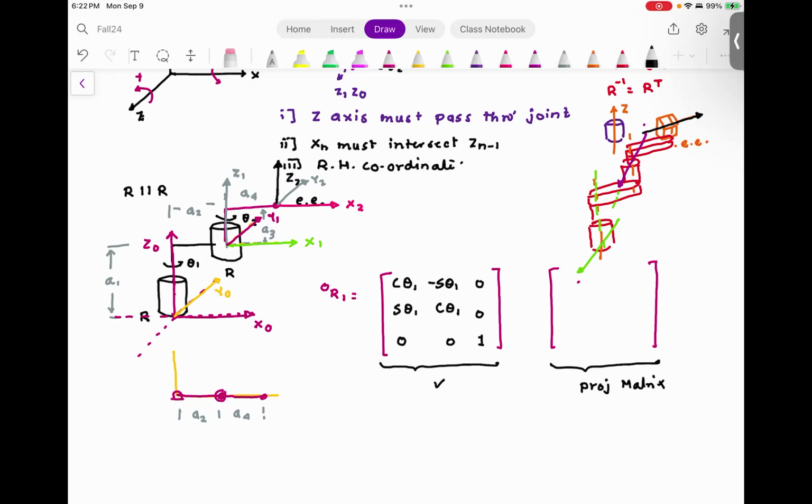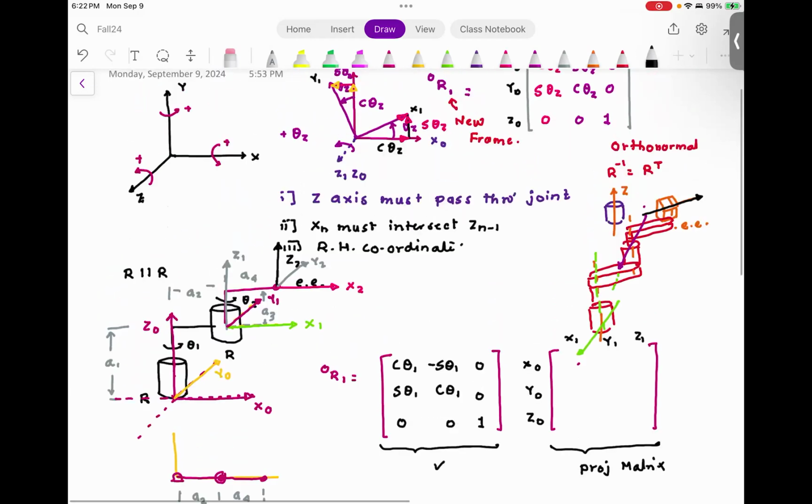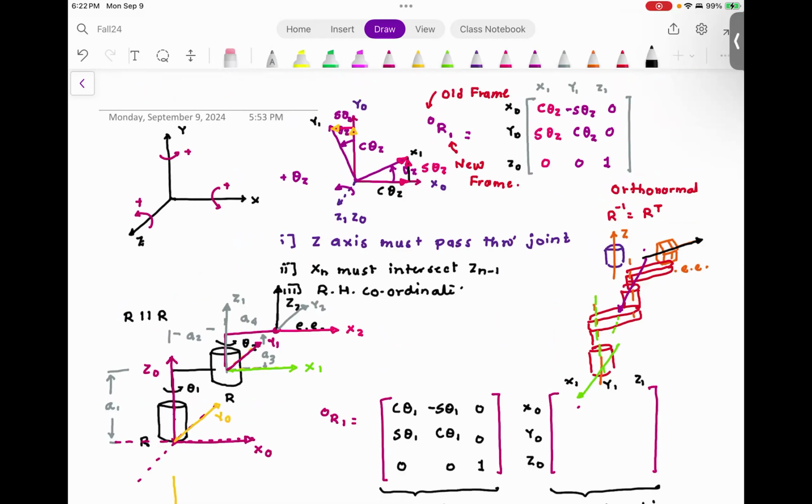So the general process is the same: x1, y1, z1 against x0, y0, z0. This is the exact same transformation we have used before.